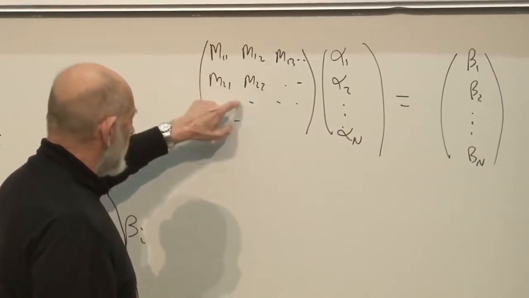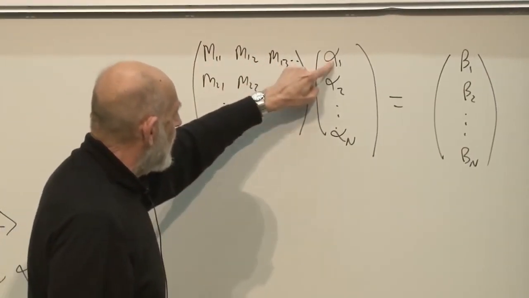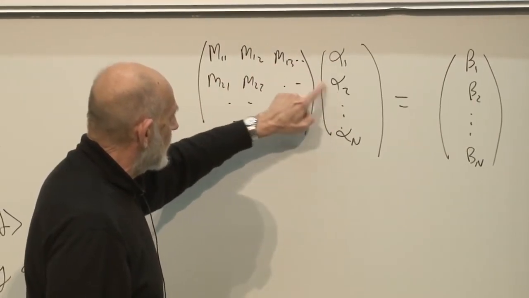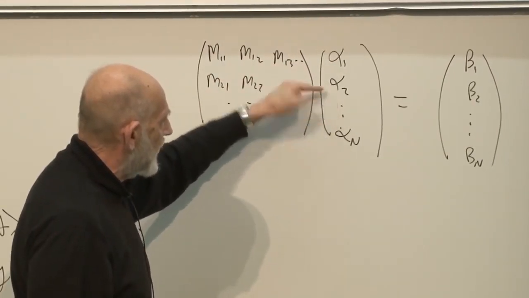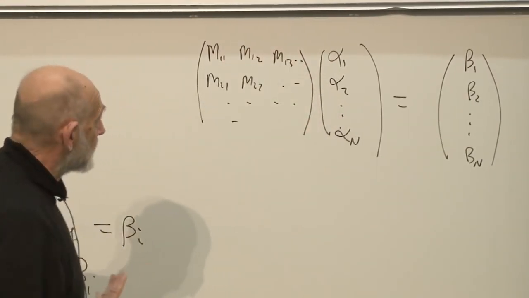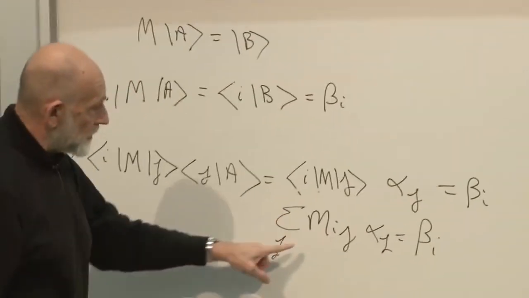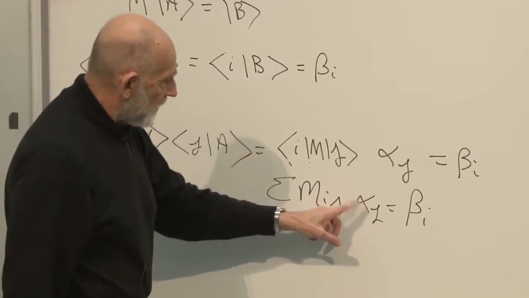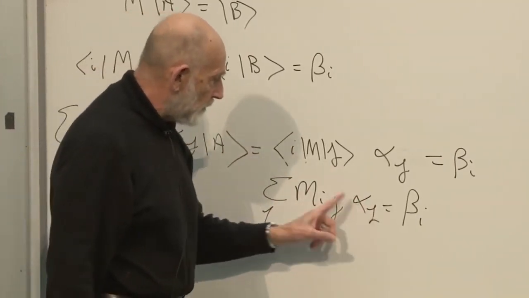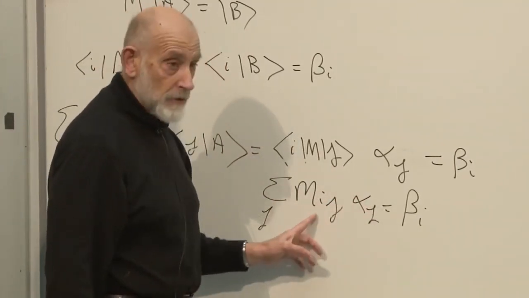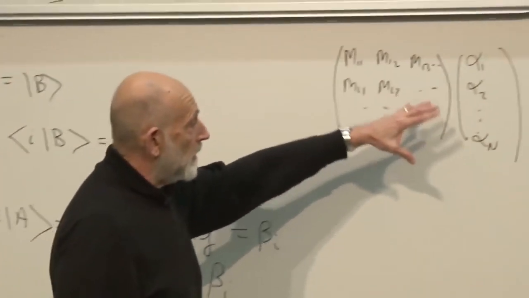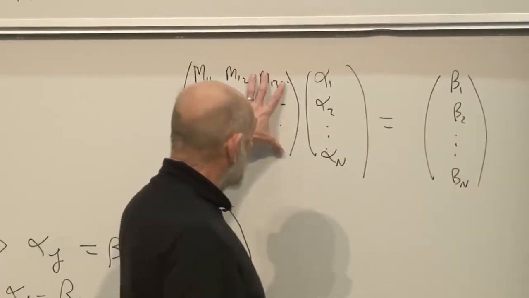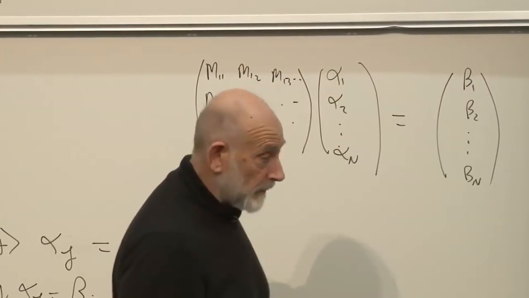M11 alpha 1 plus M12 alpha 2 plus M13 alpha 3, right down to the bottom. That's exactly this formula. M11 alpha 1 plus M12 alpha 2 and so forth is exactly the standard rule for multiplying a matrix by a column vector.